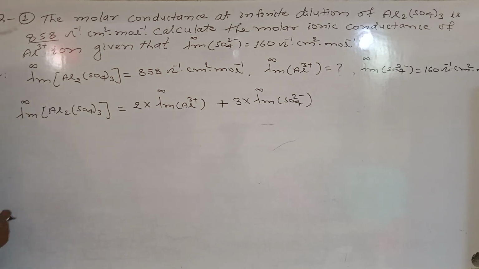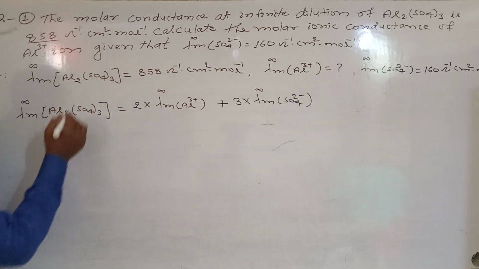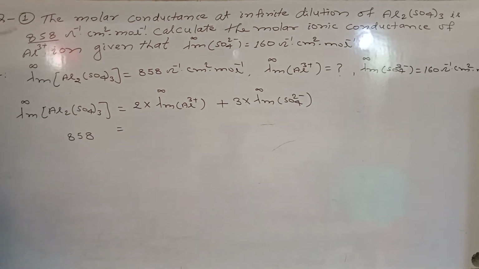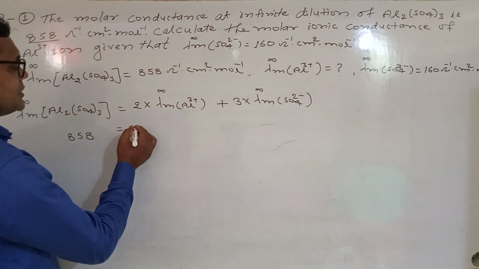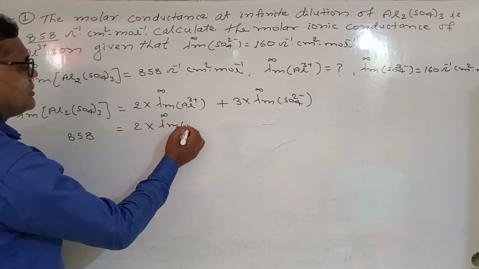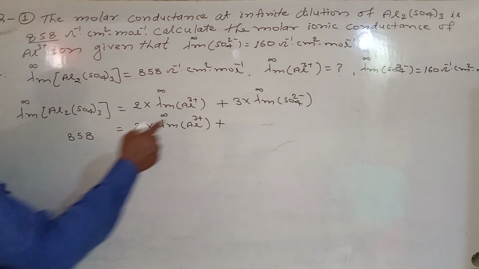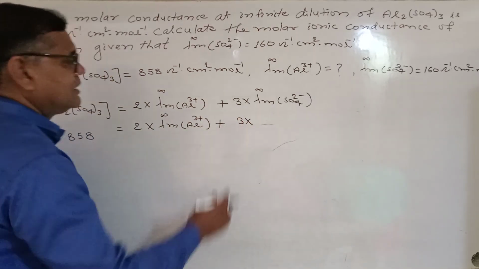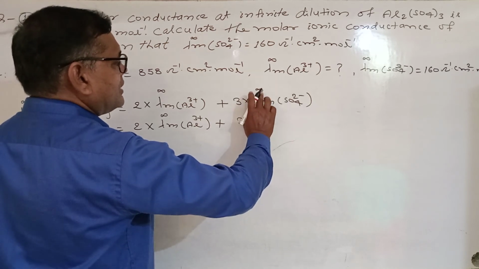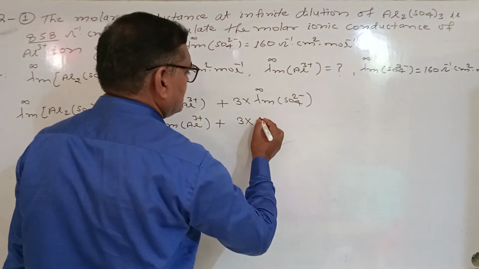Now we write the values of these species. The value of aluminum sulfate in the question, 858, is equal to 2 into lambda infinity m aluminum ion plus 3 into lambda infinity m SO4, which is 160.